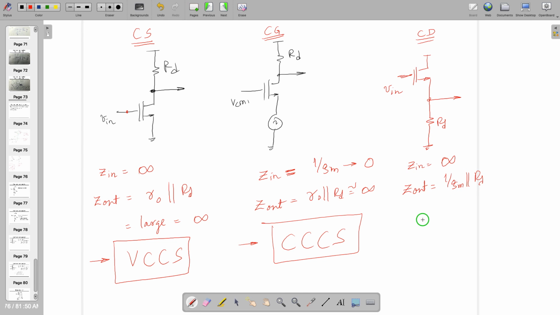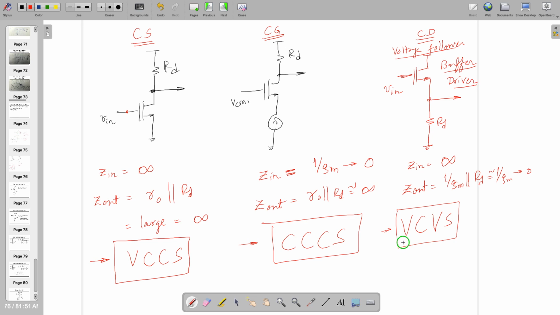So this is as low as 1 by GM, or you can call it 0. So this one, voltage controlled voltage source. This is also known as voltage follower. So we'll study in next class voltage follower. This is also known as buffer, and this is also known as driver circuit, because the gain of this circuit is approximately 1.